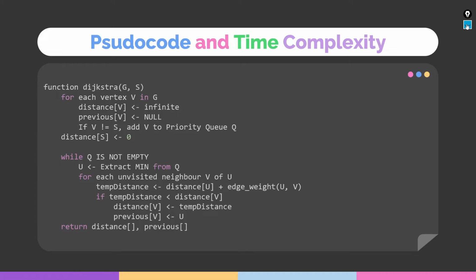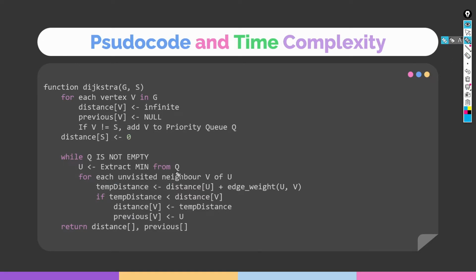So what is relaxation? This part is actually called the relaxation part. Here we actually change from infinity to other values like 3, 4, and so on. So this process is called relaxation.